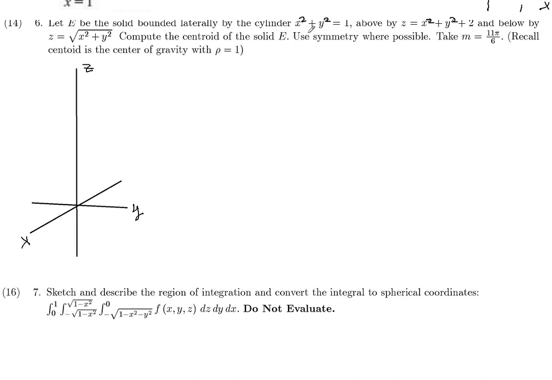And it's bounded on the sides by a cylinder, x squared plus y squared equals 1. So that's going to be a circle in the xy plane. Let's go ahead and sketch that here. So this is the lateral boundary. And that's also going to be up here.